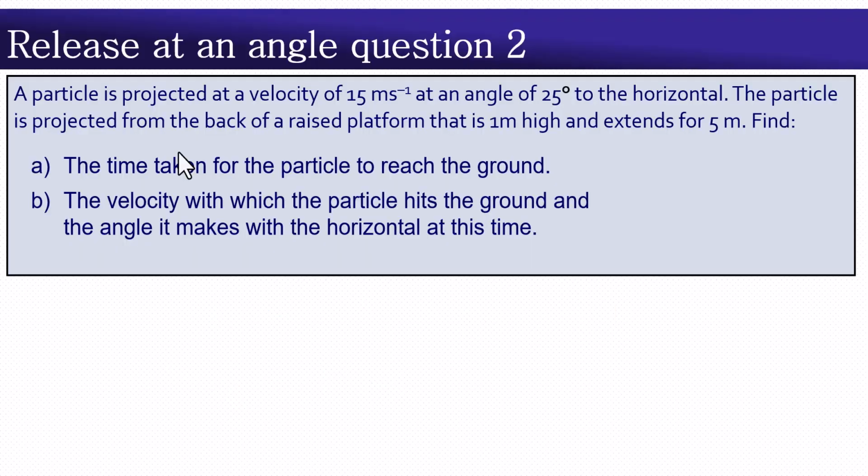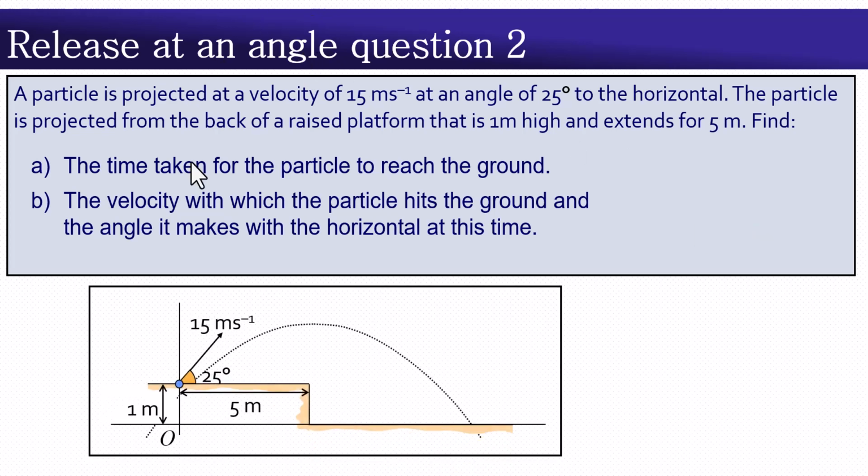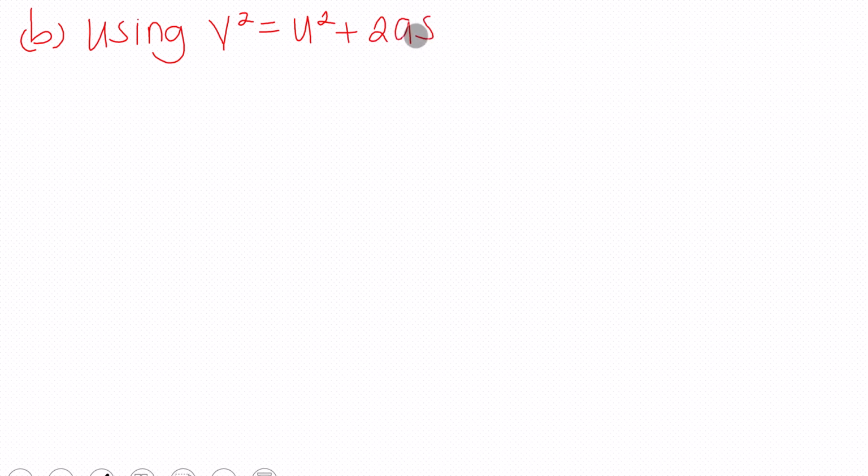For part B, we need to calculate the velocity with which the particle hits the ground and the angle it makes with the horizontal at this time. Here we are answering part B, and we are going to use the third equation of motion, which is v squared is equal to u squared plus 2as.